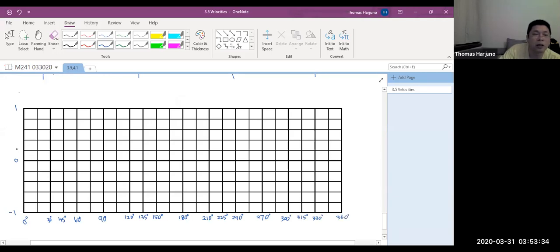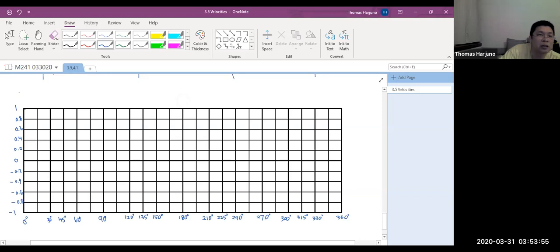Now, this is 0.2, 0.4, 0.6, 0.8, negative 0.2, negative 0.4, negative 0.6, negative 0.8.